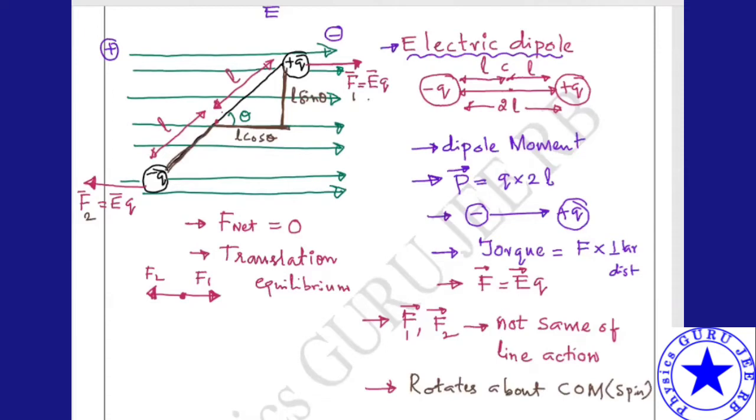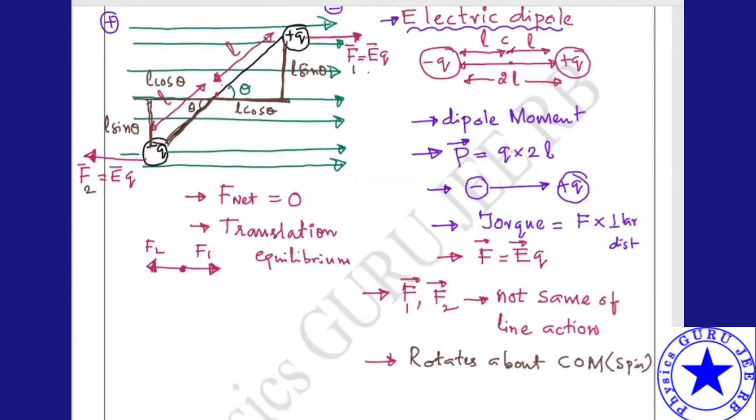Opposite angles are equal, so this is L cos theta and this part is L sin theta. In both cases, force and L sin theta is the perpendicular distance. Now what can I write, torque.